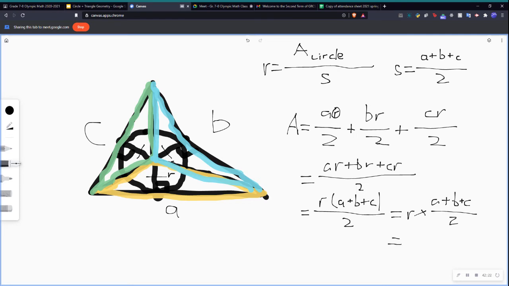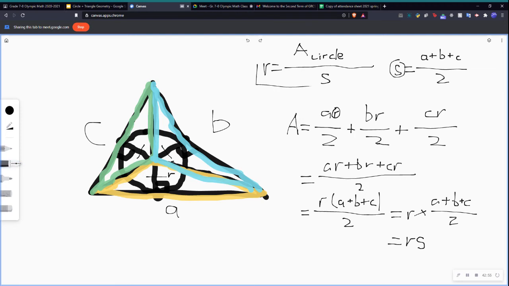What you'll notice here, remember we have S is equal to A plus B plus C divided by 2, or half the perimeter of the entire triangle. And so what we can do here is just substitute S for this fraction. So this means that the area of the entire triangle is equal to the inradius times half the perimeter, so R times S. So now we have this.